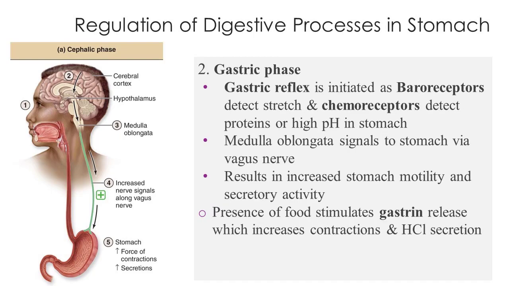So we made it from the cephalic. Cephalic is head, brain, so this nervous system stimulation. Now the stomach is going to take over, and we have baroreceptors, and they're detecting what? Pressure. And we've also got chemoreceptors that are detecting, okay, what are our enzymes and what is the acid doing in our stomach?